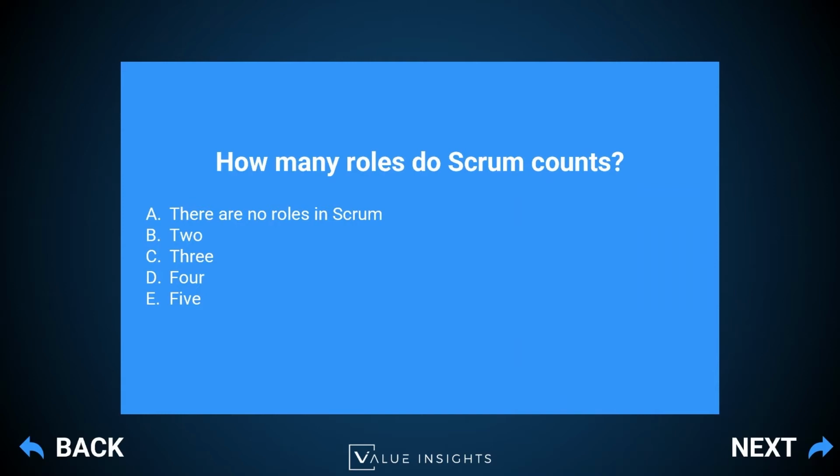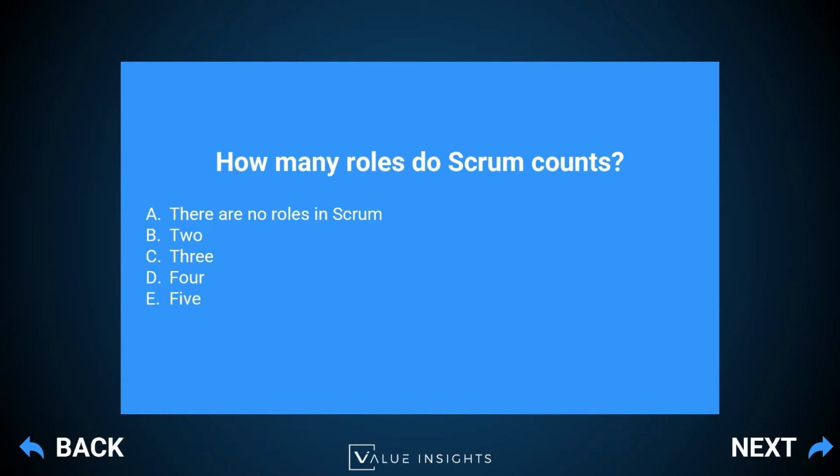Okay, so that may surprise a lot of you, who probably found a different Scrum Master exam on the internet and say, okay, but we do have 3 roles in Scrum, right? Those are the Scrum Master, the developer, and the product owner. Well, all of those things were true until the last revision of the Scrum Guide of 2020. In November 2020, there was a new version of the Scrum Guide, and if you have a look at it, you will not find any mention of the word role.